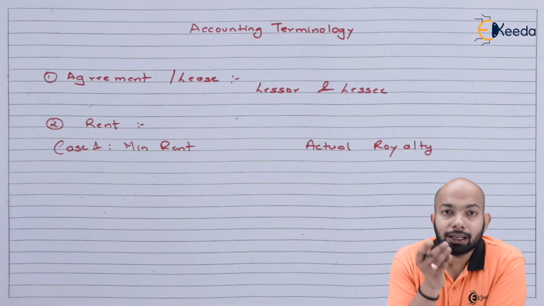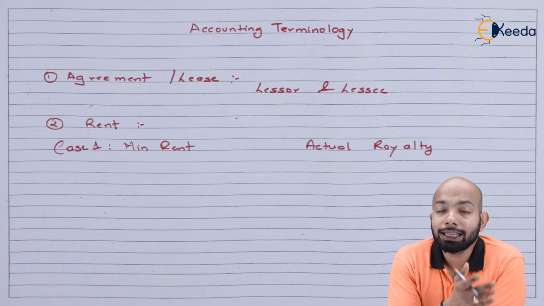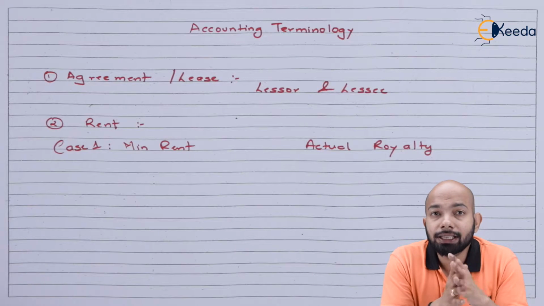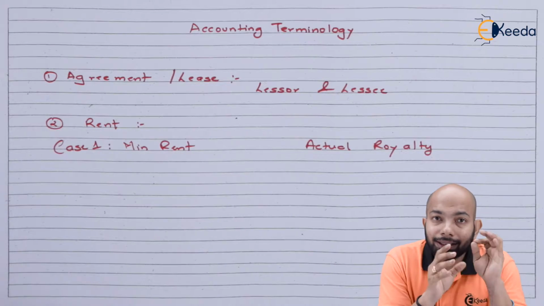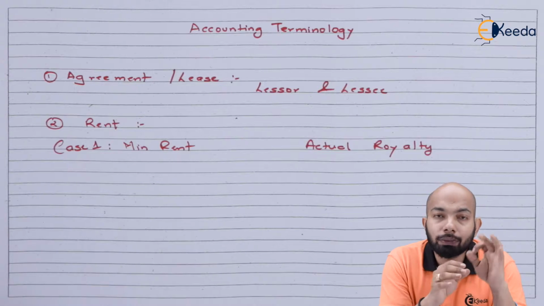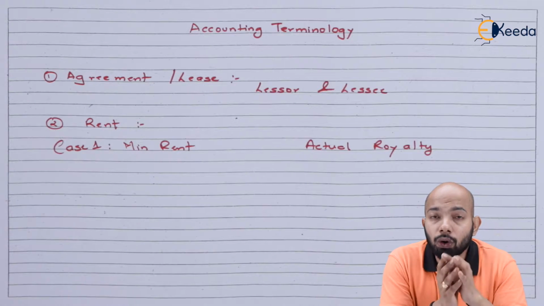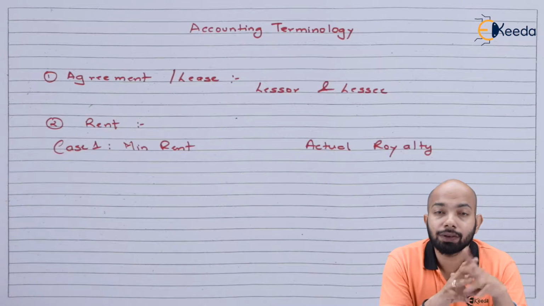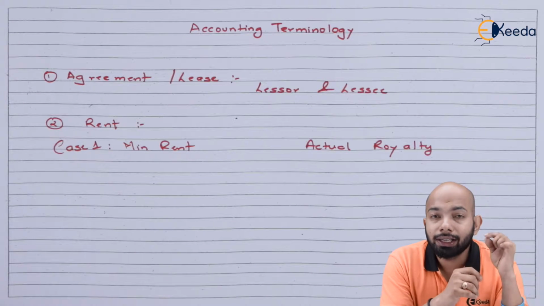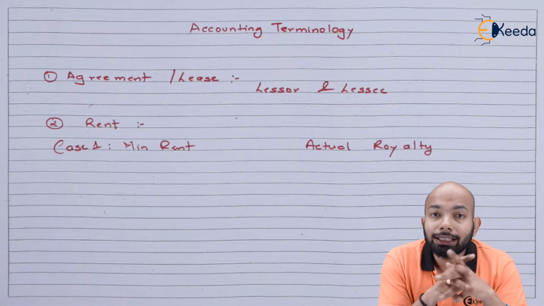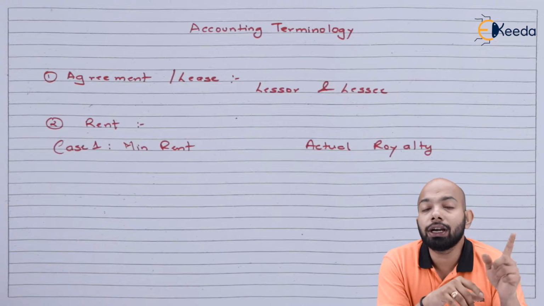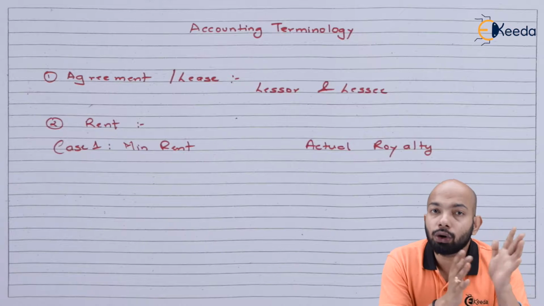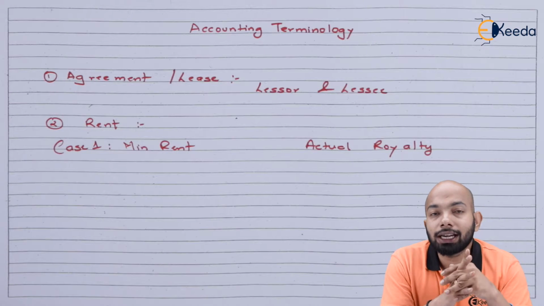The reason being, this rent is supposed to be taken at any cost, no matter whether any sale happens or not. So in royalty accounts as well, this is the minimum rent that the lessee is supposed to provide to the lessor no matter whether the sales or the output comes or not.